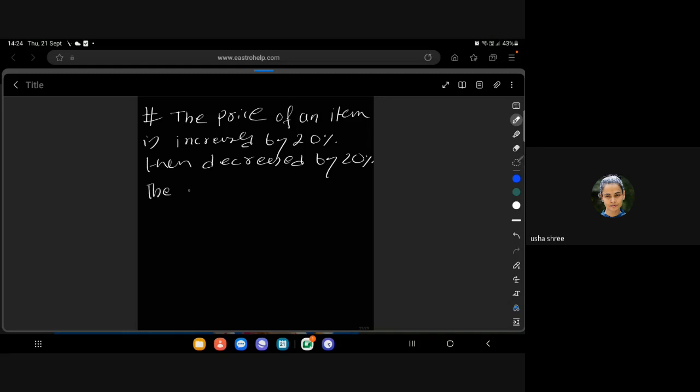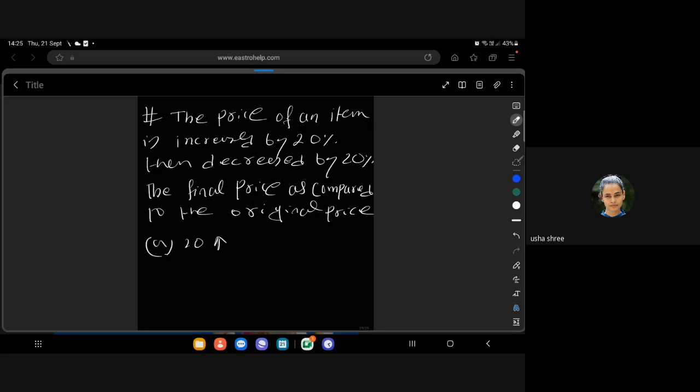You have to find out the final price as compared to the original price. How much? Options are 20% up, option 2, 20% down means less, 4% up, or 4% less.